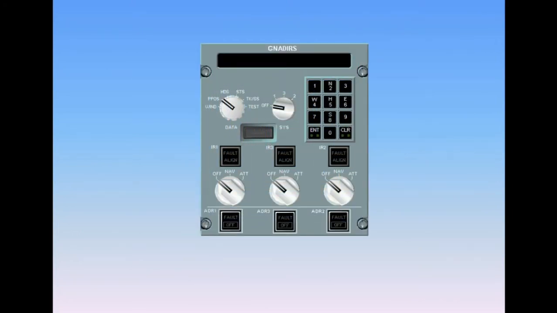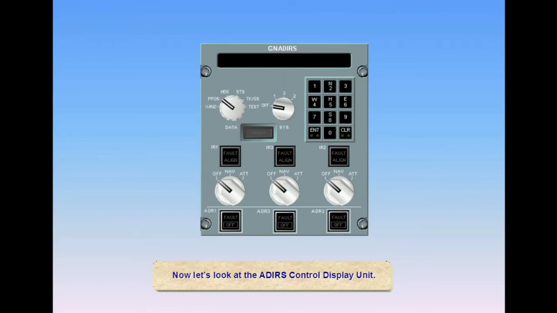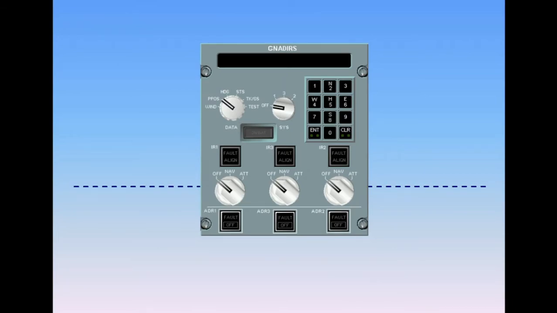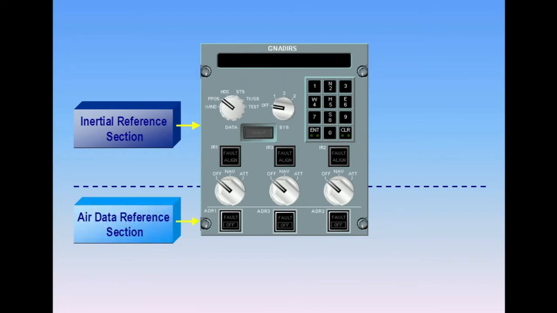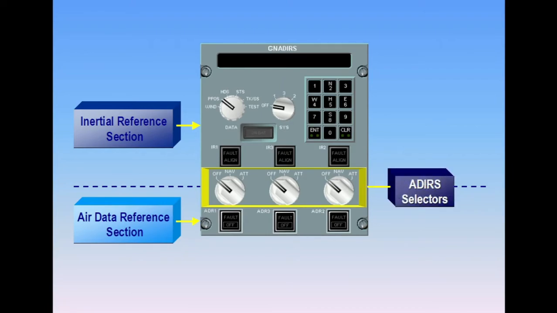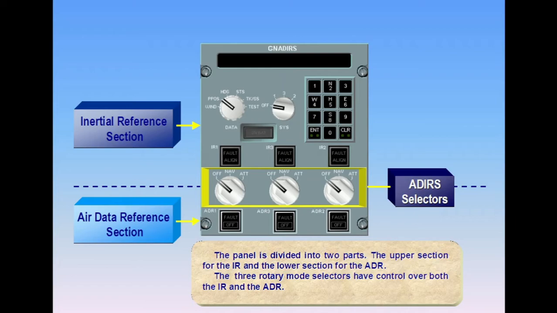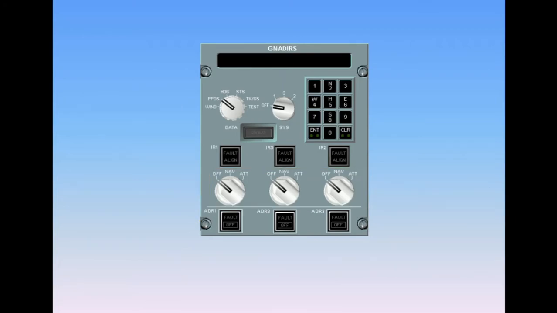Now let's look at the ADIRS control display unit. The panel is divided into two parts: the upper section for the IR and the lower section for the ADR. The three rotary mode selectors have control over both the IR and the ADR. The controls and indicators for the individual ADIRS are grouped and arranged in the order of 1, 3, and 2.